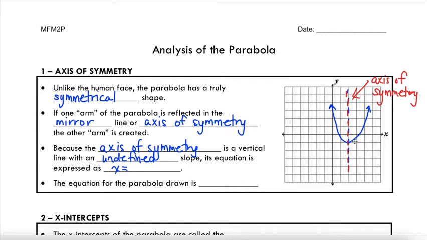We have to figure out what the equation of this line is. So it passes through the x-axis where every x value is 2. So every x value on this line is a 2. So the x-intercept is 2. So that helps us as well. So the axis of symmetry for this parabola is x equals 2, because that's where it crosses through.